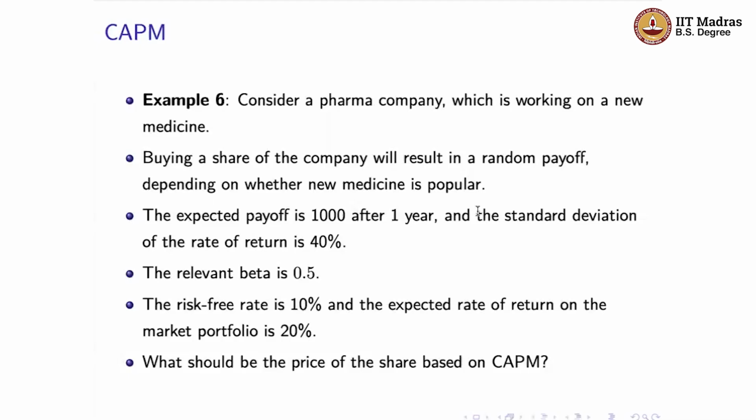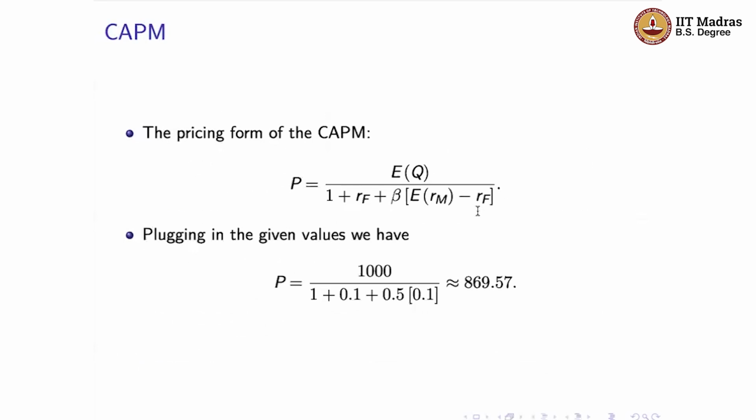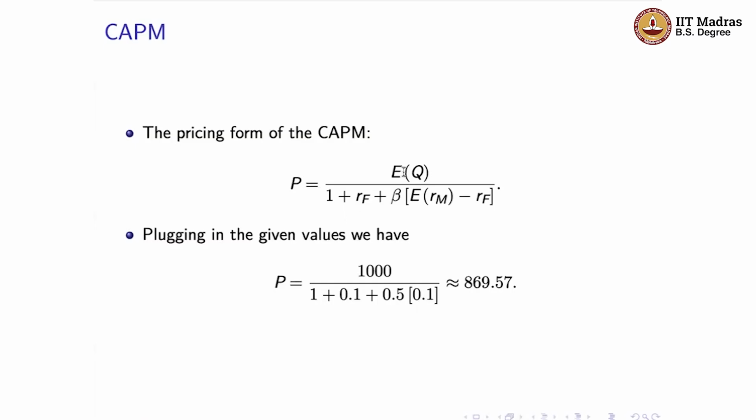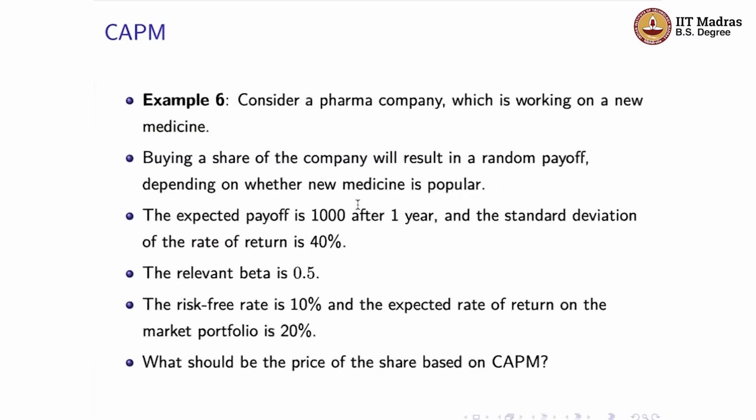Since we are talking about pricing of the asset based on CAPM, we need to look at the pricing form of the CAPM that we have discussed before. This is the expression that you had before. And now we can see that we have all the terms required in order to price this. The expected value of Q is 1000, that's the numerator. Risk-free rate is 10%.